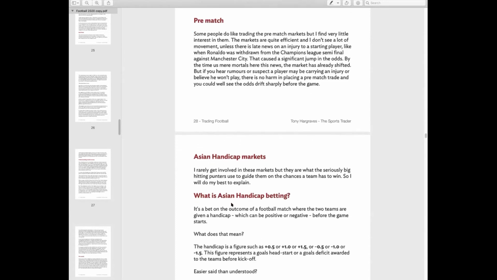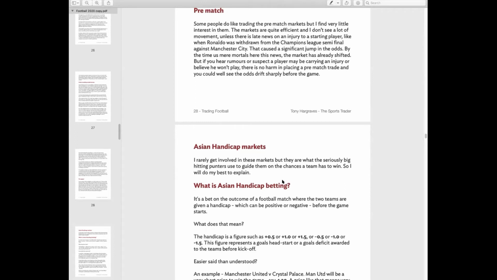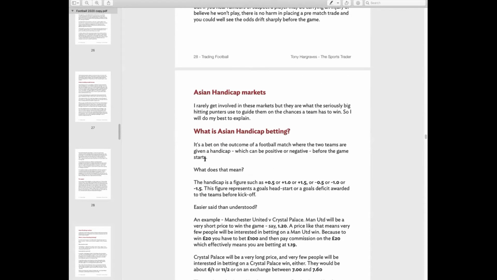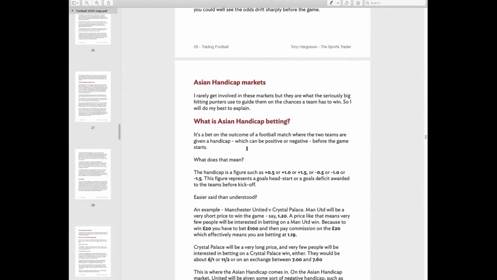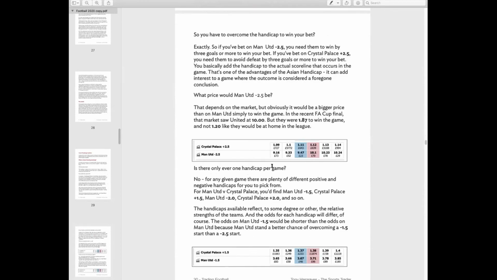So Asian handicap markets, I rarely get involved in them, but I do sometimes. We did one with Chelsea. We did the -1.5. The market's fairly accurate with them. And there's a little bit of a section there of what Asian handicap betting is, so you can have a read of that, and it explains it.